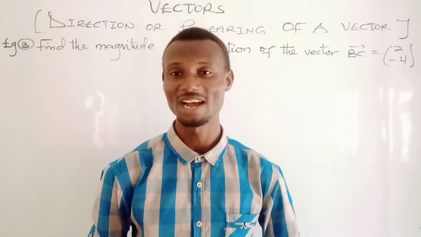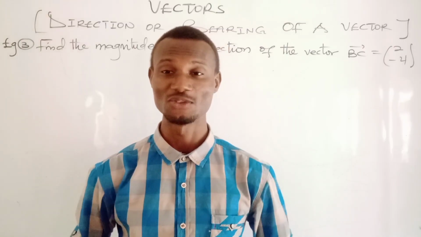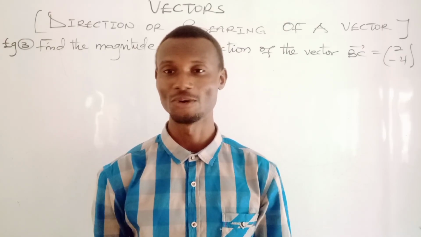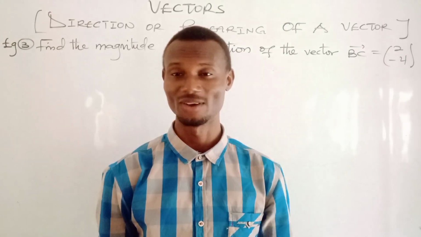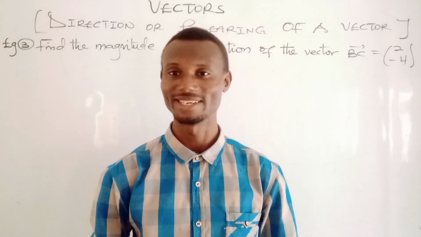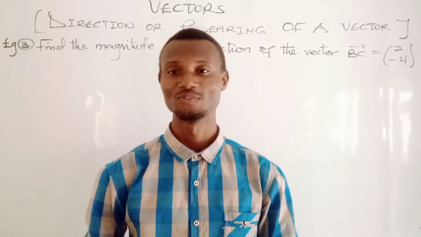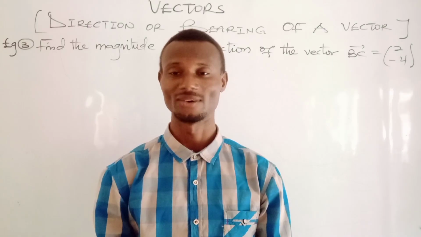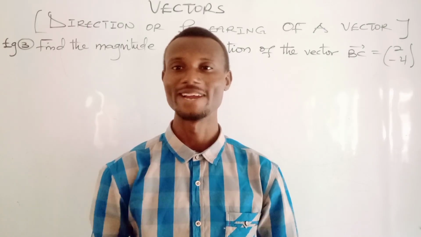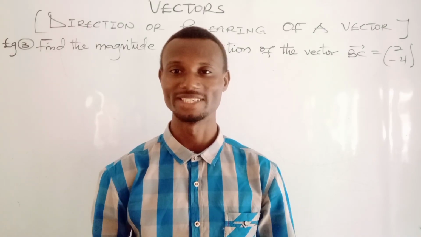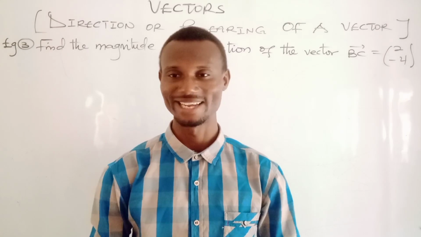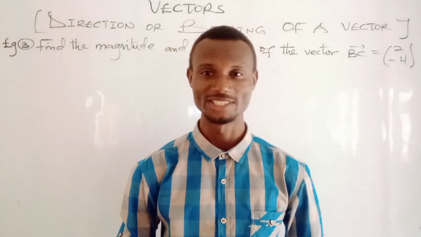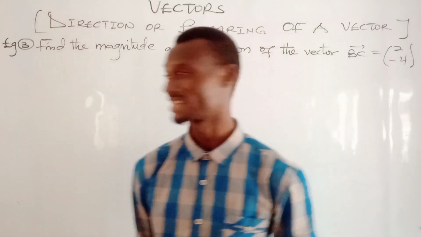If you don't have any knowledge on how to find the magnitude of a vector, just search for the videos that I've done on vectors. We treated finding the magnitude or the length of a vector as a full topic under vectors. So search for it and watch it so that you can get the understanding. Let's go ahead and apply the knowledge to solve the question that I have on the board.